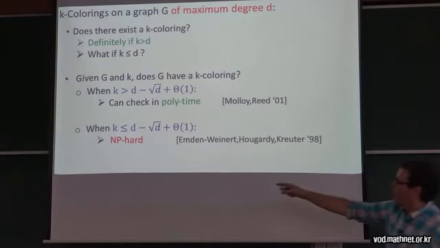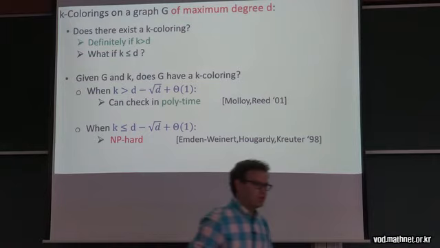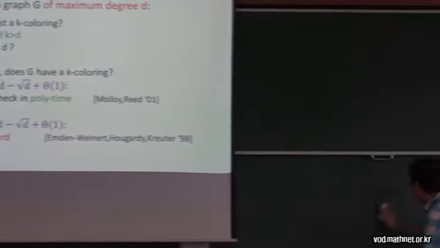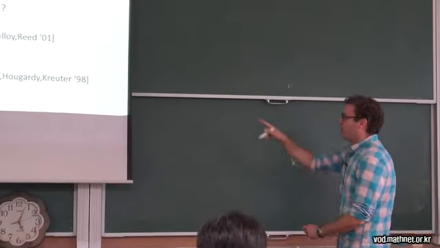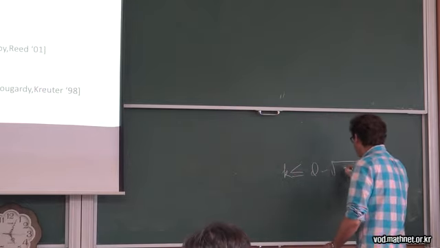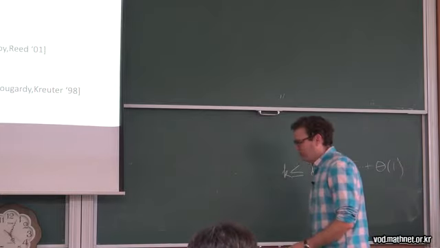And when you're below that threshold, then it's NP-hard. I'm doing this for background, but also because we're going to get some result which relates to this. So when K is less than D minus square root D, plus some smaller order term.